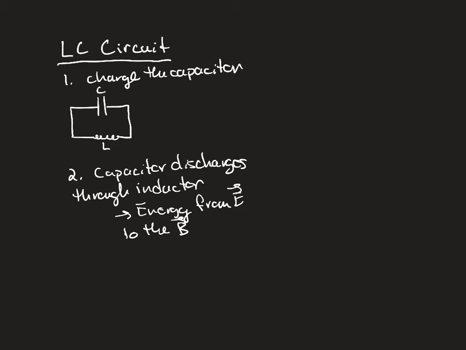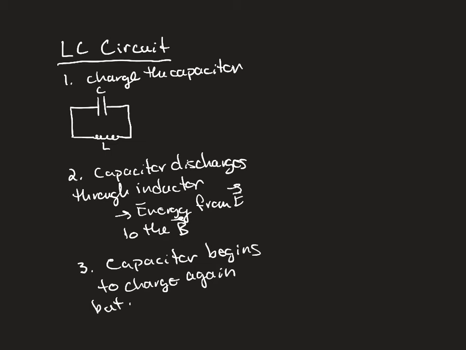However, the current hasn't stopped flowing, which means the electrons go back around, and so then the capacitor begins to charge again, but with the opposite polarity. So what was once the negative plate will become the positive plate, and what was once the positive plate will become the negative plate.